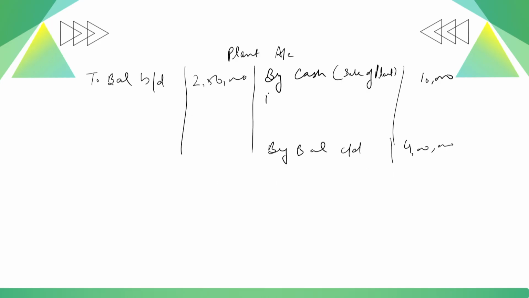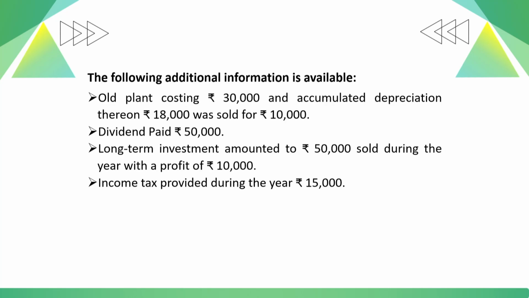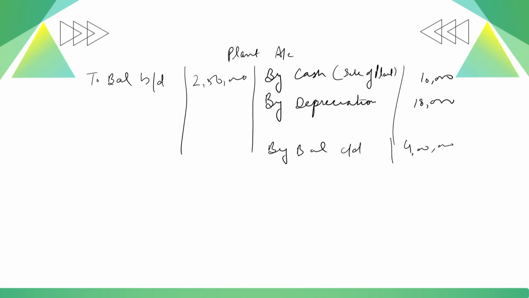the depreciation is 18,000 rupees. You can see that 30,000 was the book value and 18,000 is the depreciation. So we are left with the balancing figure of 12,000, which has been sold for 10,000. So we will be suffering a loss.